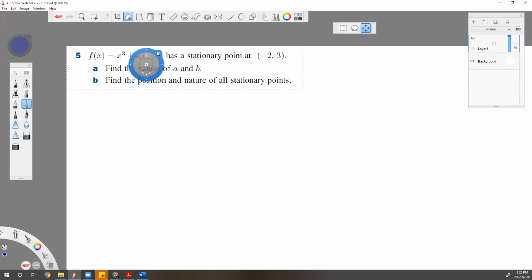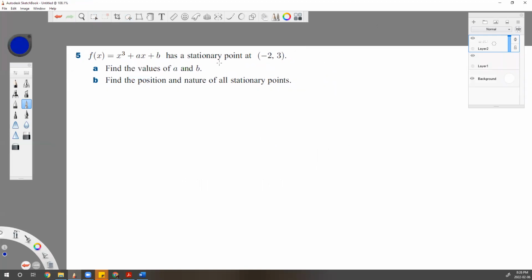f(x) equals x cubed plus ax plus b has a stationary point at (-2, 3). So again, stationary point is talking about the first derivative. So f'(x) equals 3x squared plus a only, right? Because b is a constant, and for ax, a times 1 times x to the power 1 minus 1; b is a constant, so 0, ignore.